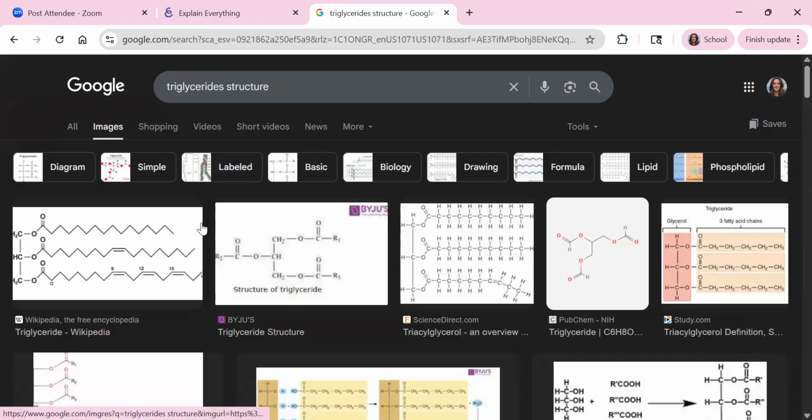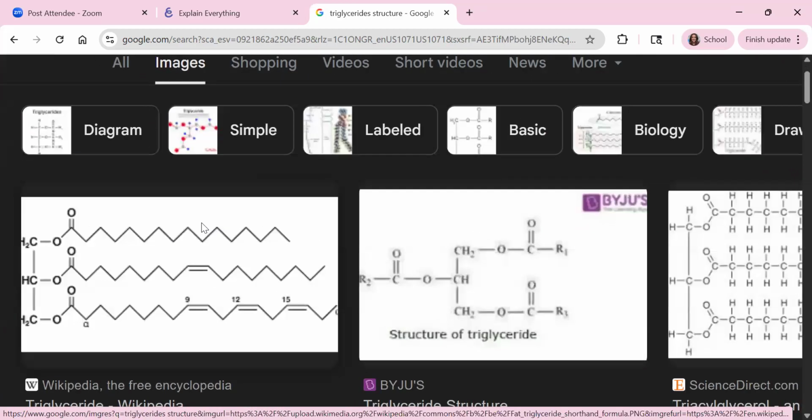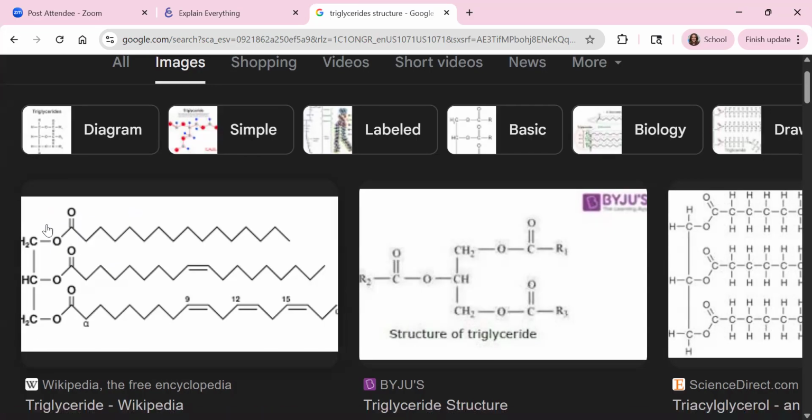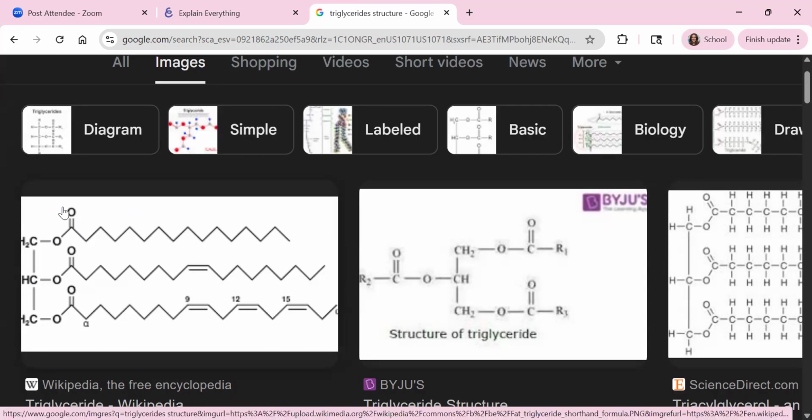Okay. So right here, this is a triglyceride, and we do have some unsaturation within it. It doesn't really matter. All I need you to know is that we have a glycerol, a triglycerol backbone right here. And then they connect with a fatty acid right here.